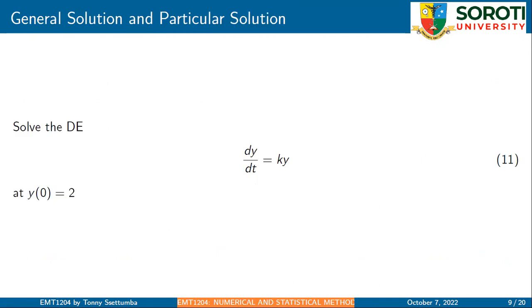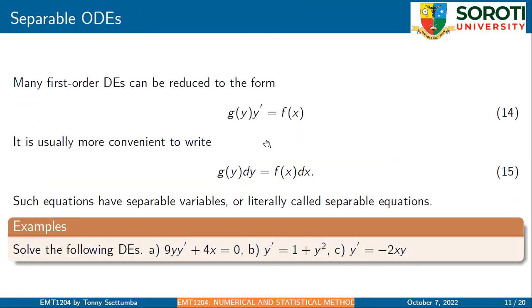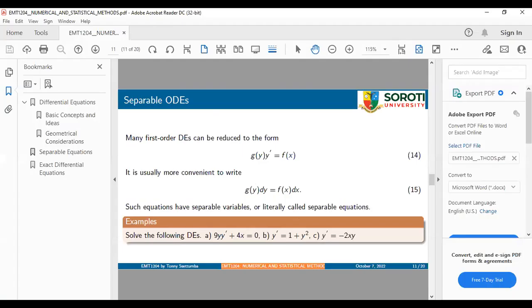We have dy/dt equal to ky, so this is dy over y equal to k dt.